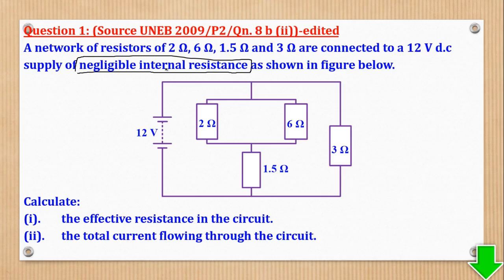Someday we shall know what it means. So negligible internal resistance as shown in the figure below. The circuit, these are the resistors, and they said calculate the effective resistance in the circuit. Effective means the total resistance of all these resistors. Then 2, calculate the total current flowing through the circuit.